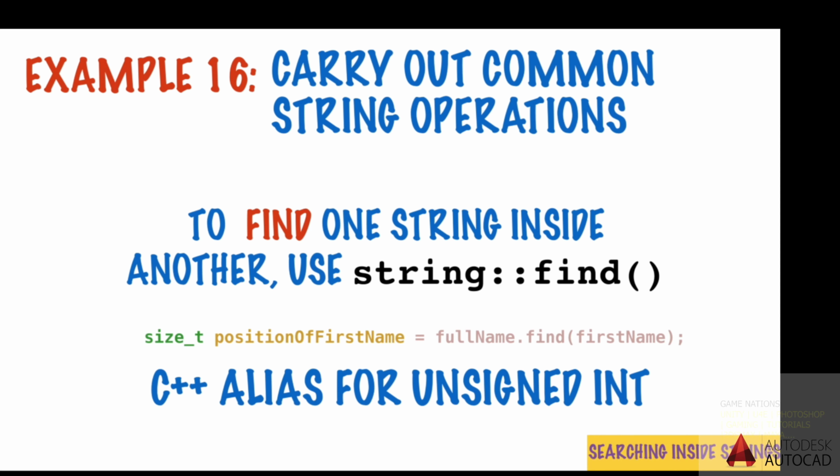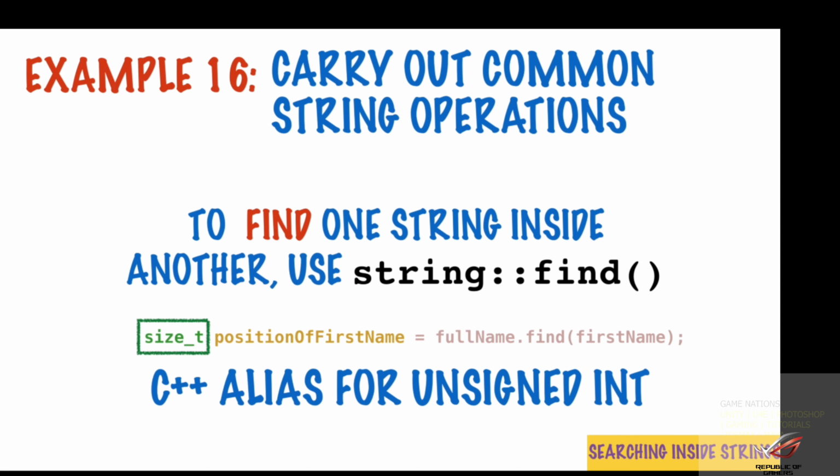You should remember that in C++, an unsigned int variable has an alias, and that alias is size_t. Now don't ask me exactly why this alias exists, but it's pretty common. And I guess it's a reasonably intuitive way of making clear that the return value from this function is a position.